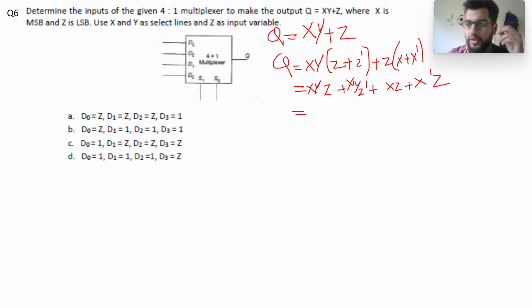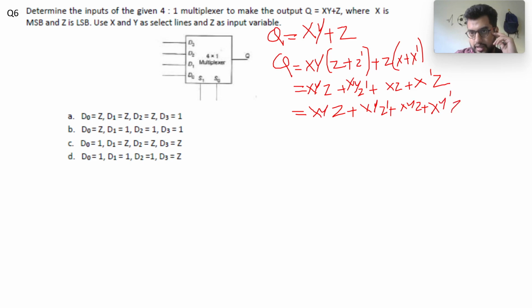This is an elaborative way. You can even have shortcuts to directly write down the sum of minterms, but better to do it like this: xyz bar, then xyz, I'm just skipping one step, plus xy bar z plus x bar yz plus x bar y bar z.